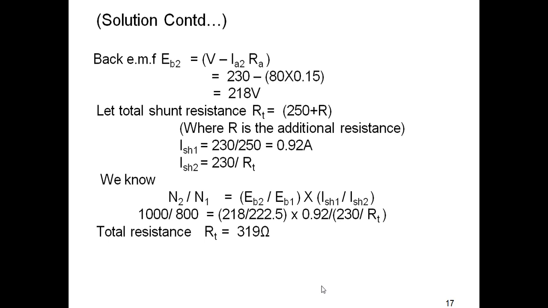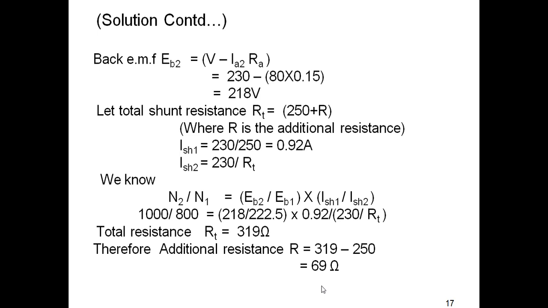On solving this, we get the value of RT as 319 ohms. From that, to know the additional resistance inserted, R is equal to 319 minus 250 ohms, we get 69 ohms.